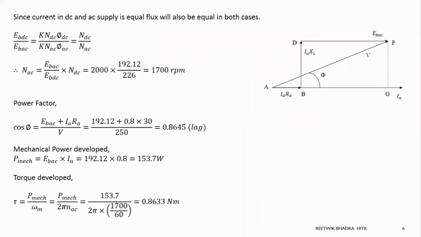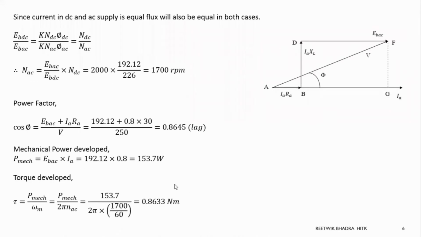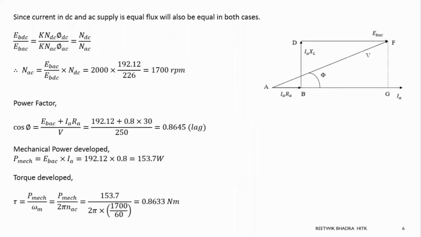Now the same machine is first connected to DC, then given to an AC supply, and obviously when connected it takes the same current. Since your universal motor is a series motor, the current will be the same in both cases, as stated in the question, and your current only affects your flux.